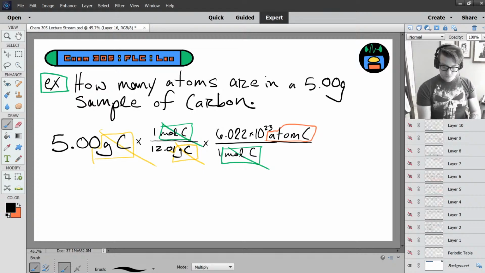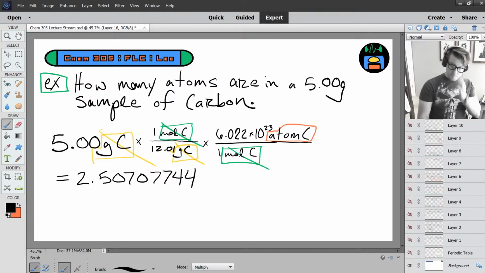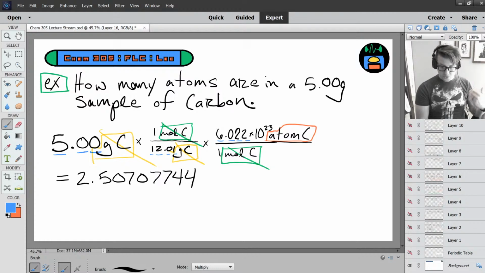The value that my calculator is giving me is 2.50707744. When I look at my significant figures, my initial mass has 3, Avogadro's number has 4, and my atomic mass has 4. So we got to roll with the fewest, right? We're doing multiplication, so I count up my first 3 sig figs, and that 7 will round up.